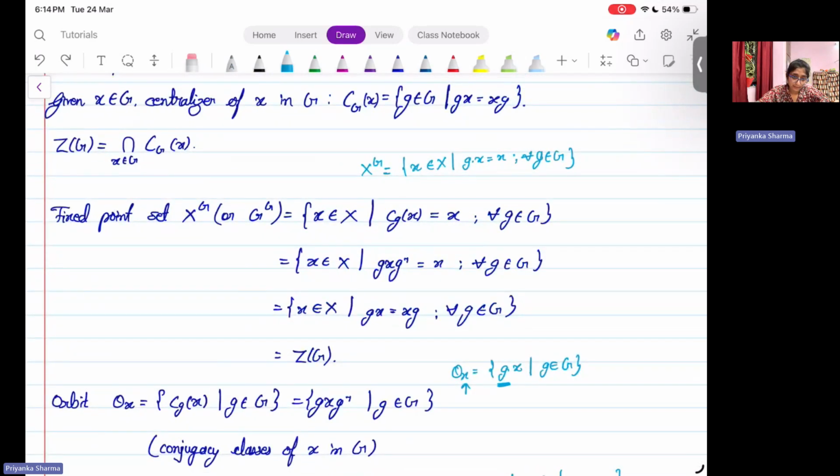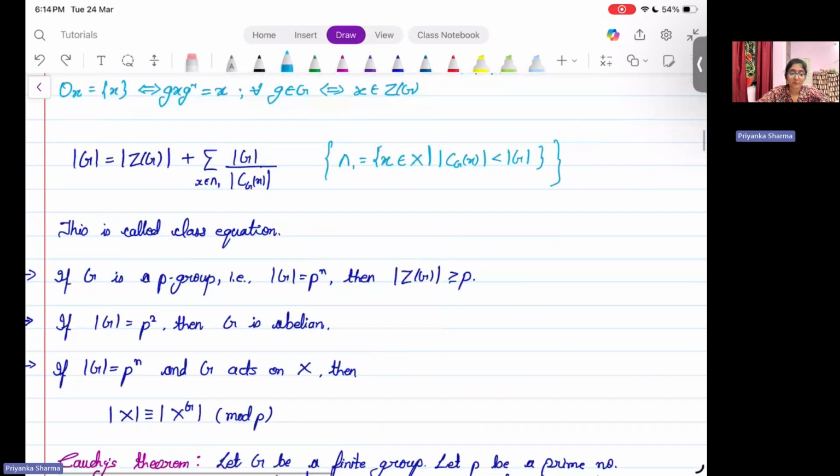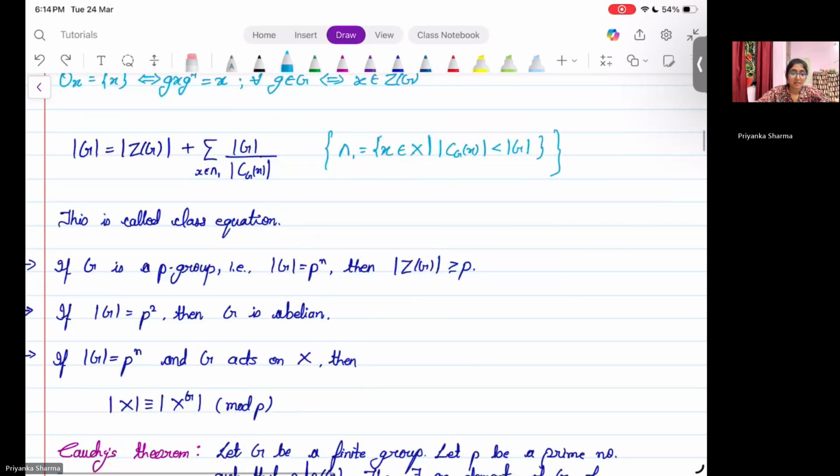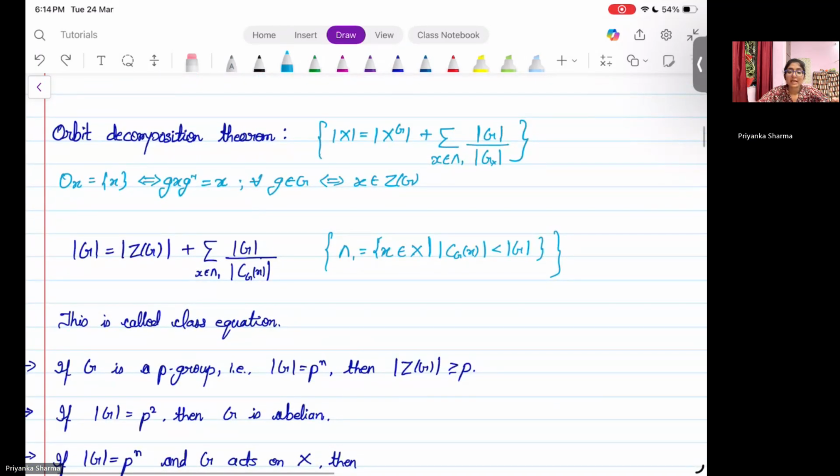That is the order of the center actually. So the first term will be the order of the center plus summation over x belonging to lambda 1, cardinality of G divided by cardinality of G_x.